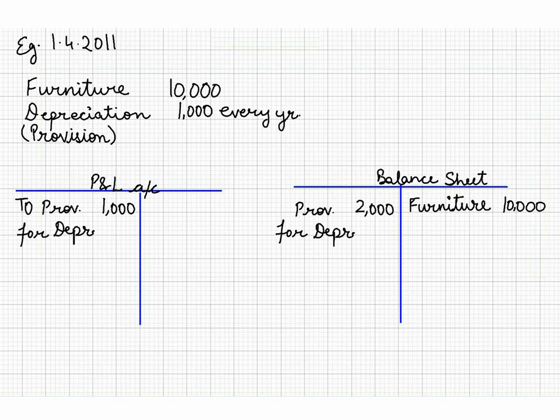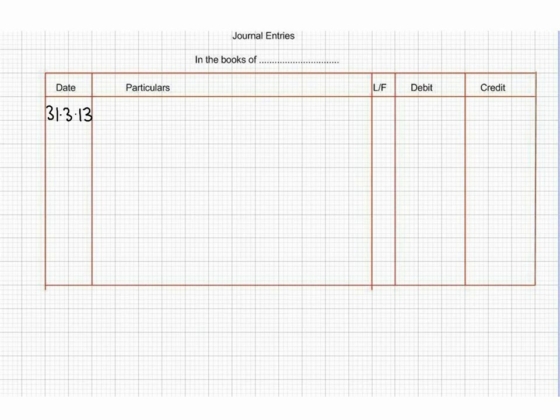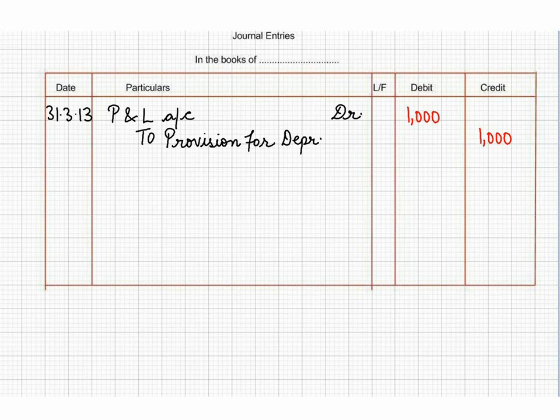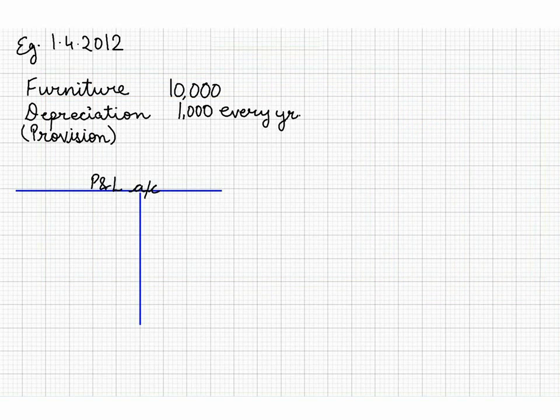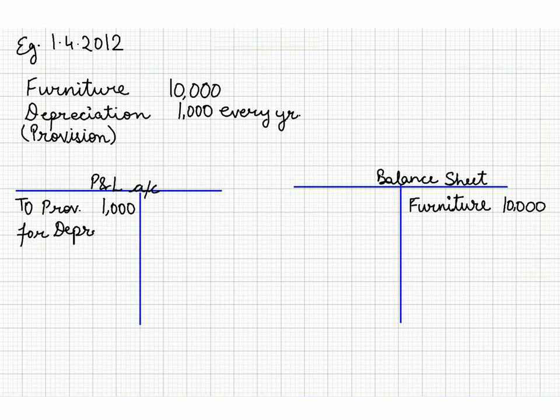Next year, 31st March 2013, again we have to provide depreciation through provision. So the journal entry will be profit and loss account debit to provision for depreciation, rupees 1,000. So if we look at the profit and loss account, on the debit side, to provision for depreciation, rupees 1,000, and if we make the balance sheet today, what will happen?